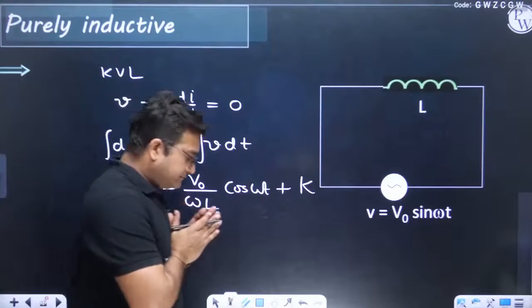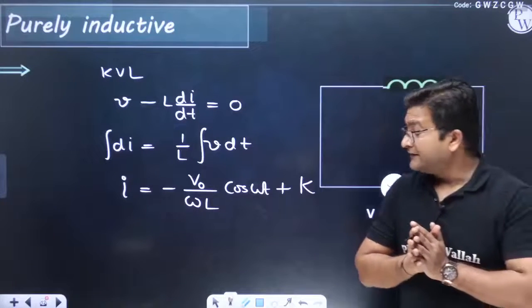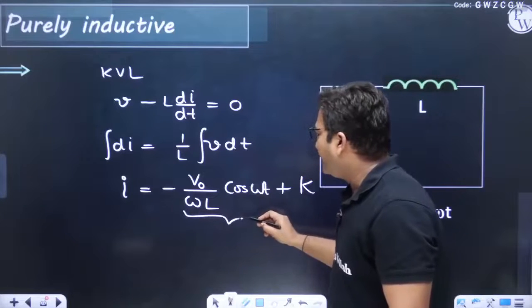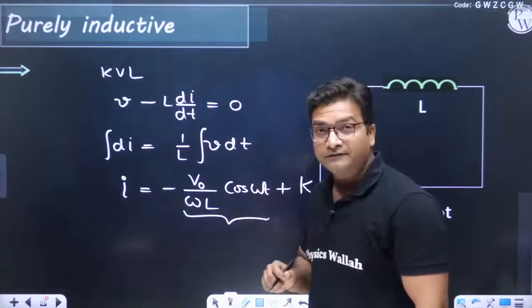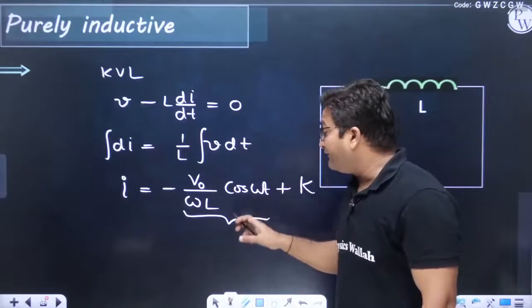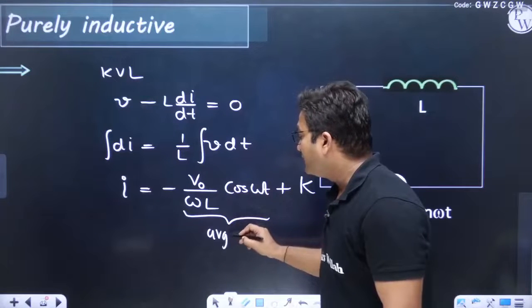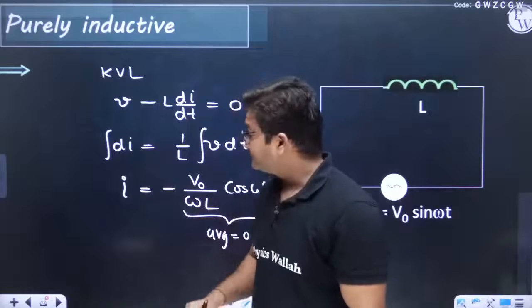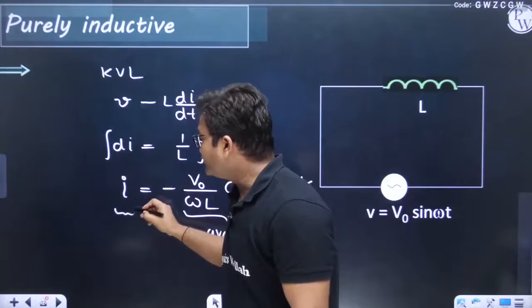Now we will understand how to find the value of k. See, this is purely an alternating quantity because it has cos omega t in it. So if you calculate its average, it is 0. As current is also an AC current, its average too should be 0.